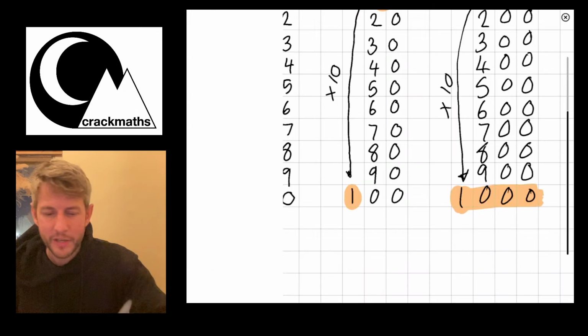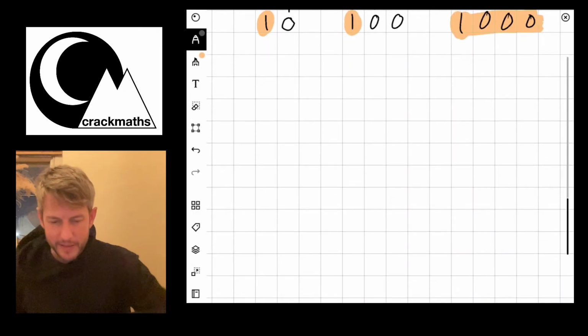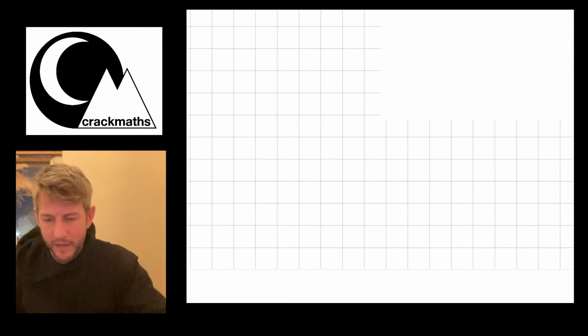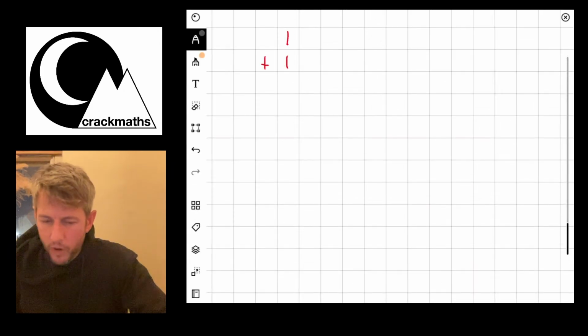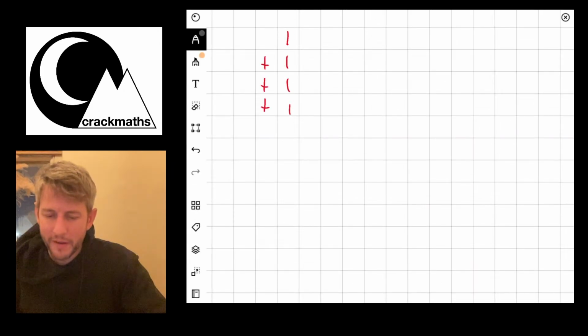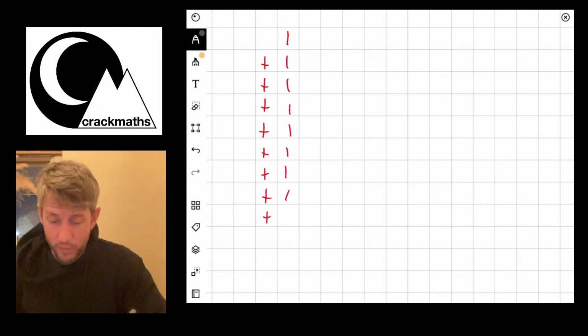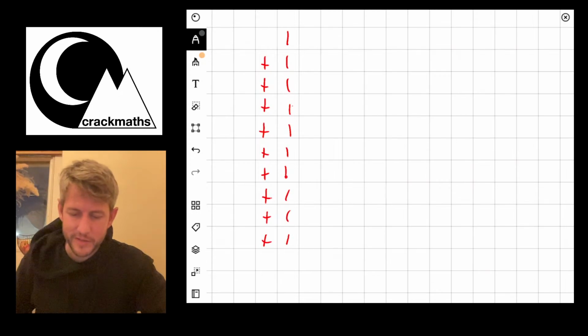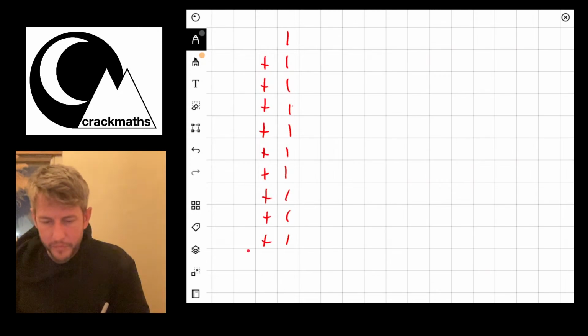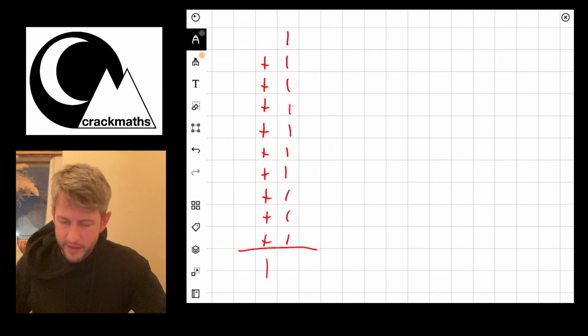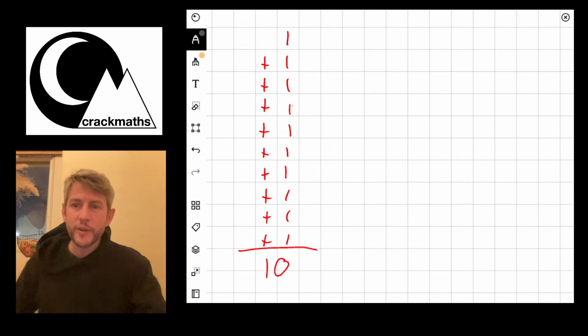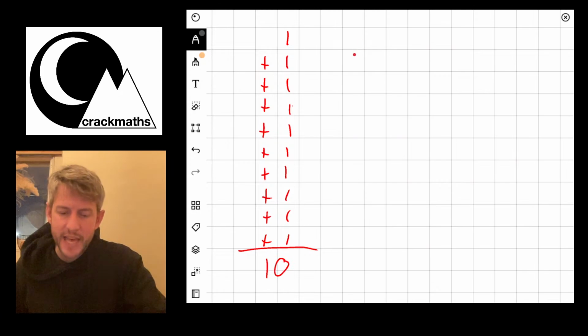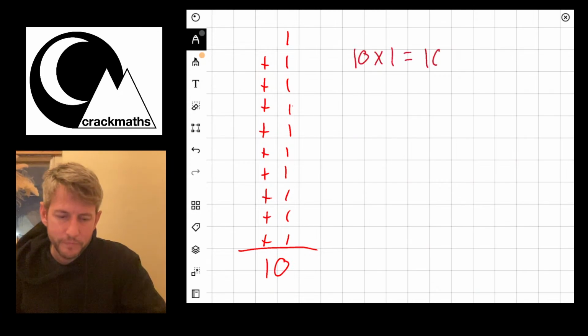If I did 1, add 1, add 1, add 1, add 1, add 1, add 1, add 1, add 1, add 1: 1, 2, 3, 4, 5, 6, 7, 8, 9, 10. This equals 10. So from this we know that 10 times 1 equals 10.